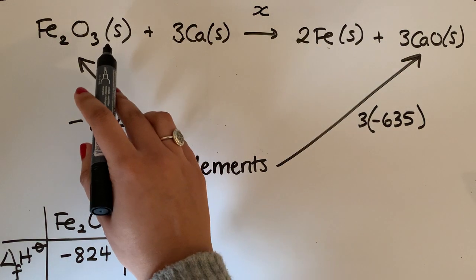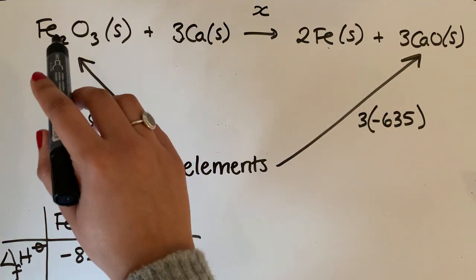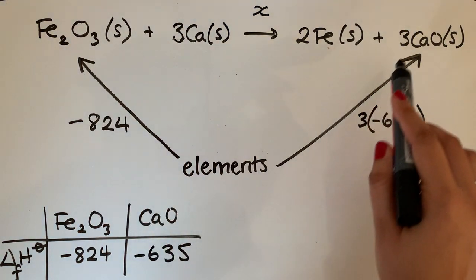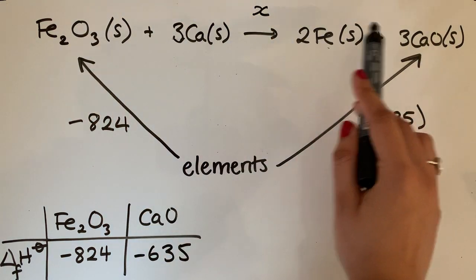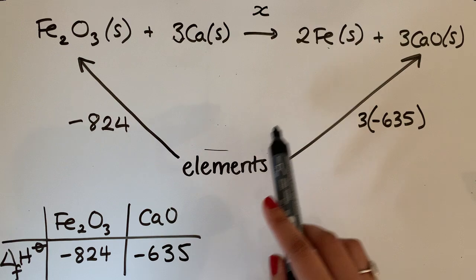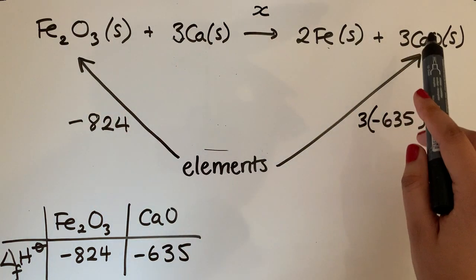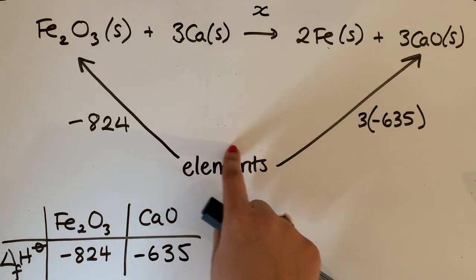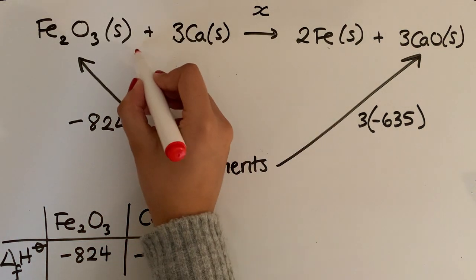Because we can't go directly from these reactants to those products, we're going to go via the elements to get to the products. So this is one route. The other route is going from the reactants to the elements, then to the products.